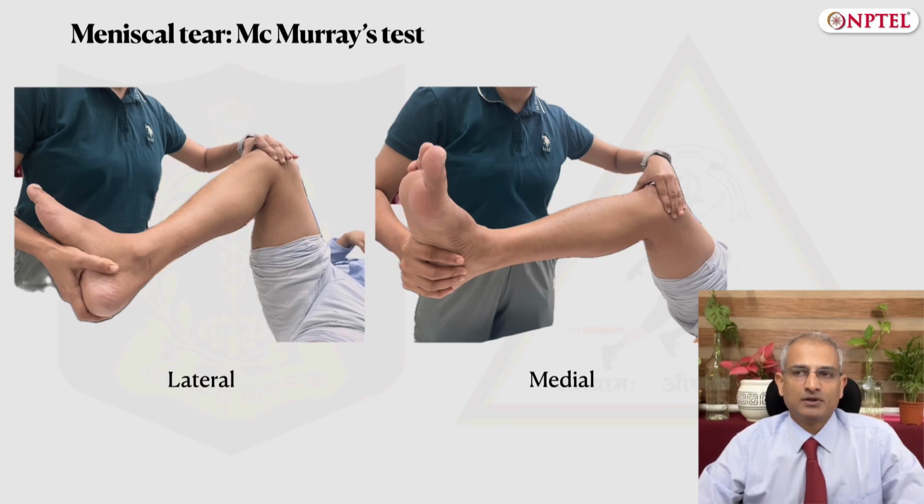When it is appreciated in the middle position, it indicates a body of the meniscus tear. And when it is appreciated when the knee is almost in full extension, it indicates an anterior horn tear.